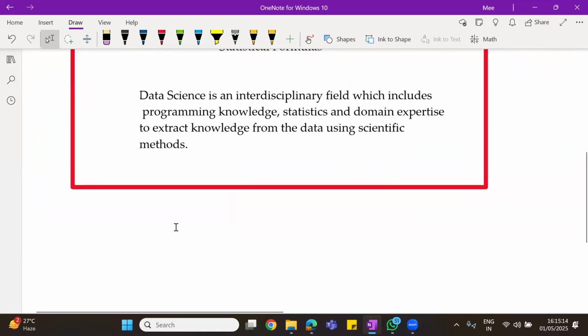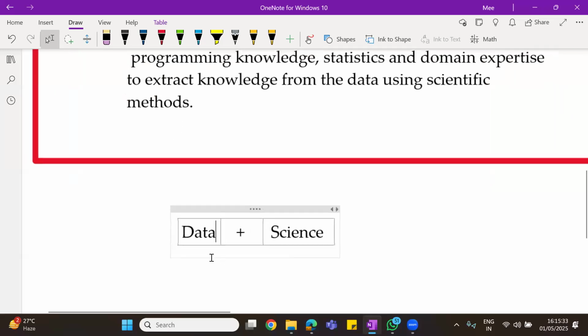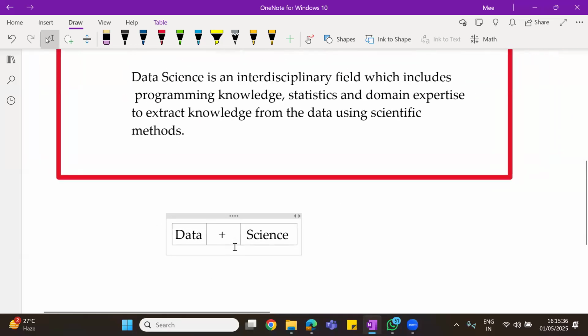First, if you take data science, see, it's a combination of two words: data plus science. Now, if you keep science aside, what does data mean?